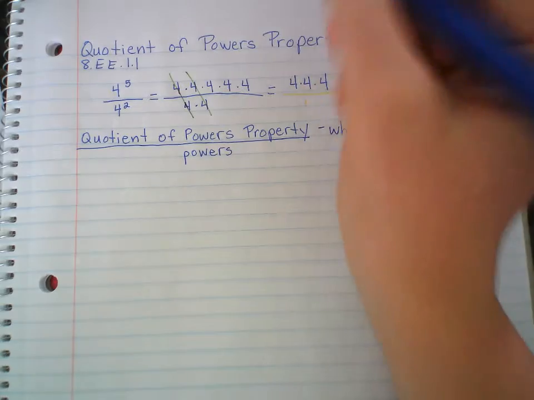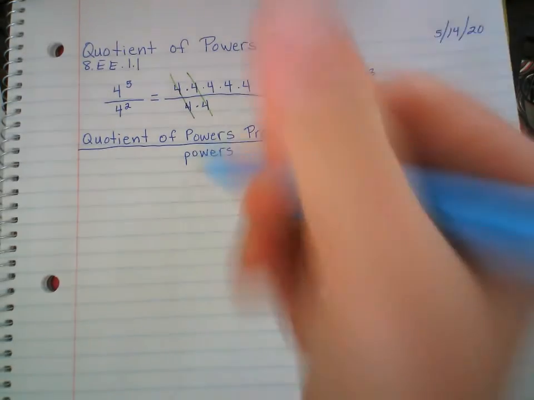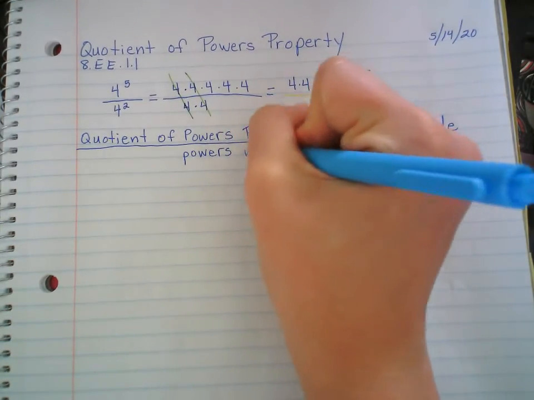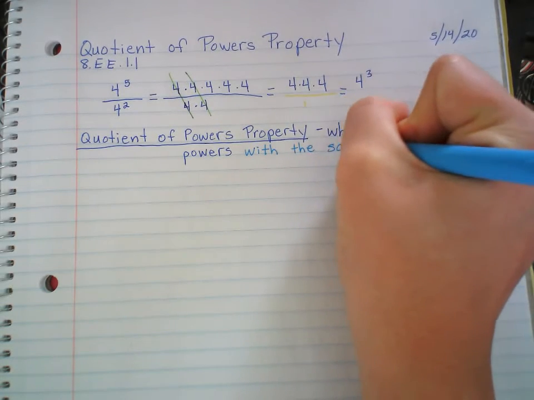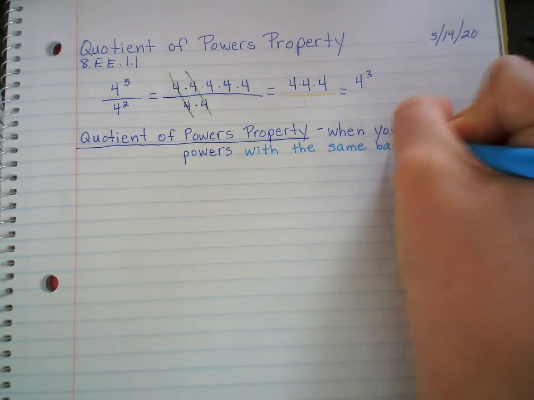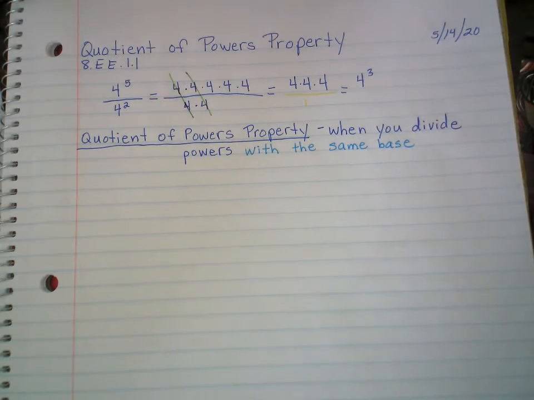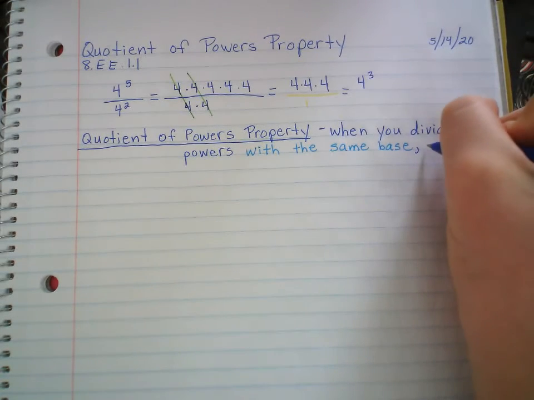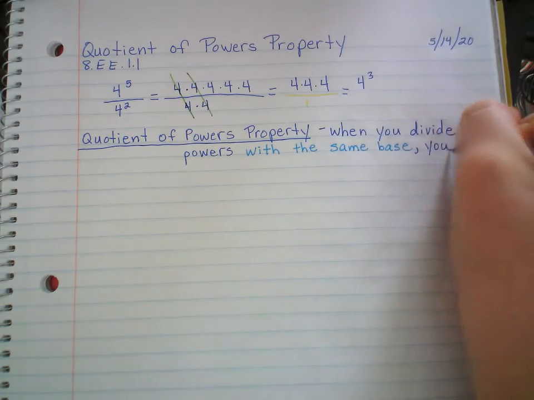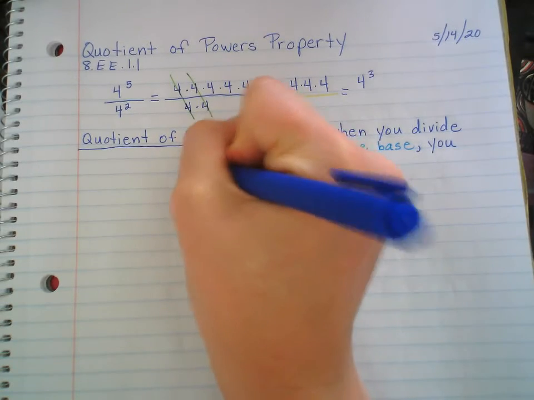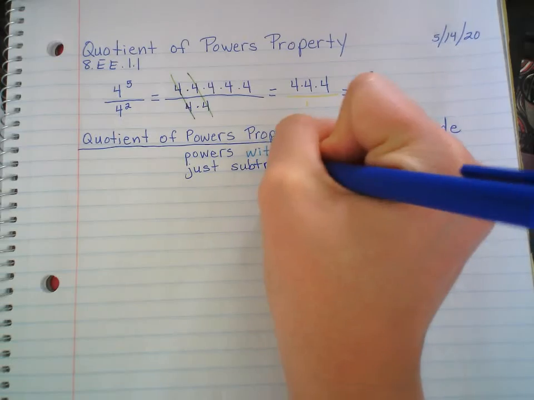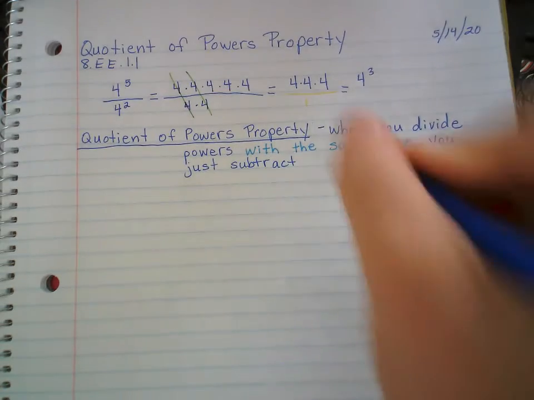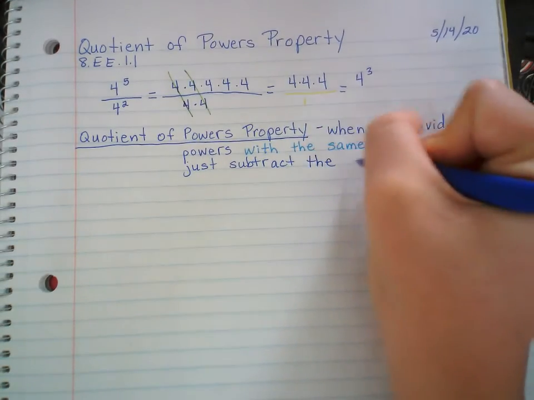So when you divide powers with the same base, crucial, with the same base, all you do is you just subtract the exponents.